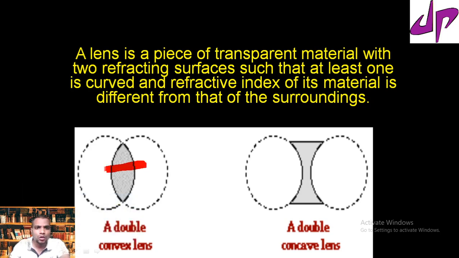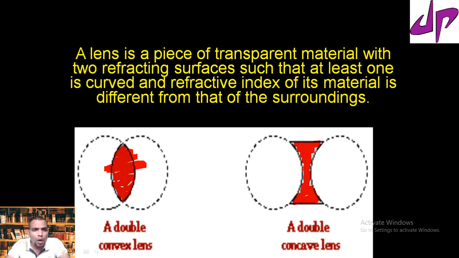This is a convex surface which I am highlighting here. And this one is known as a double concave lens. These are the two lenses we will talk about first. Other than these two categories, there are plano-convex lens, plano-concave lens, and convex-concave lens, depending upon the combination. So first we will learn about these two lenses.